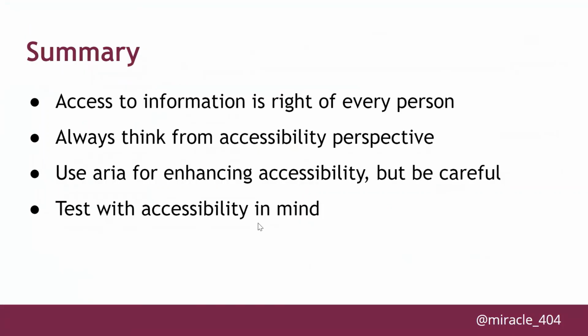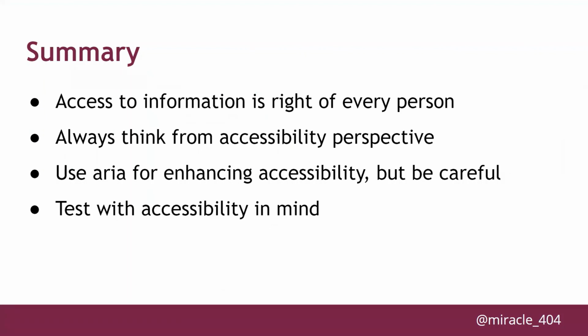To summarize, access to information is the right of every person. So whenever we are creating anything, we must always think from an accessibility perspective. Apart from using semantic HTML and not relying on colors, if we want to enhance accessibility, sometimes we can use aria, but it should always be used with care, because if we use wrong aria, then it might break accessibility rather than enhancing it.